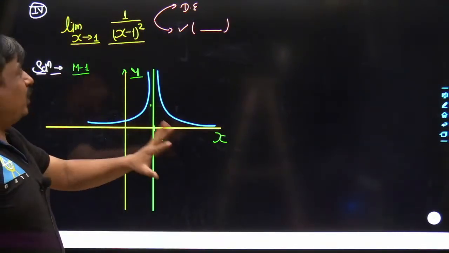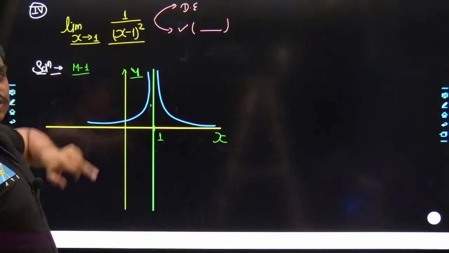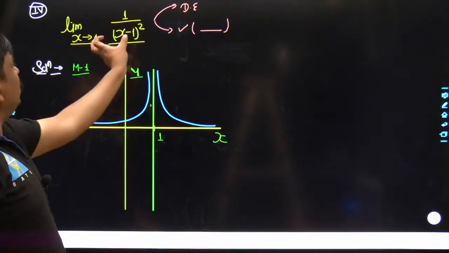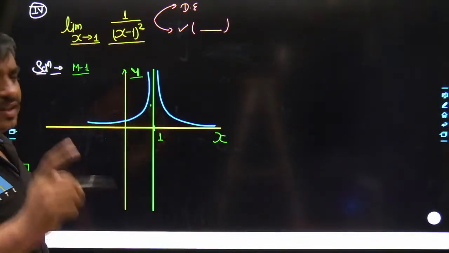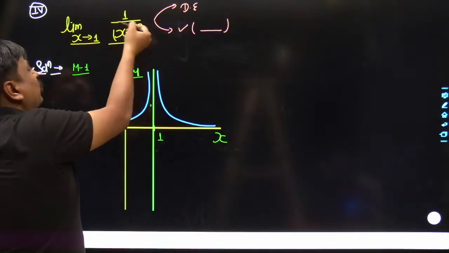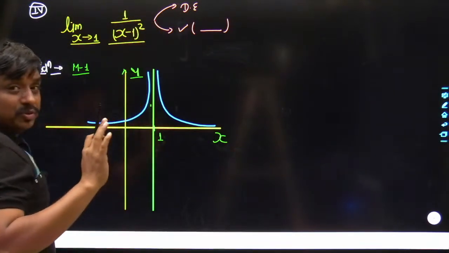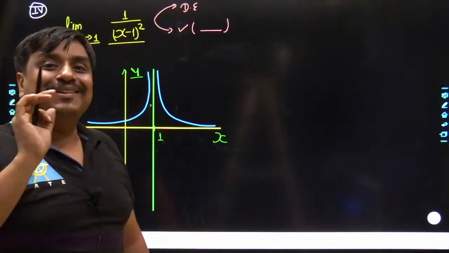Because one thing I am quite sure about: as the square has been attached along with the (x minus 1) to the power of 2, the value of the denominator will never be negative. That's the first thing. And as the denominator (x minus 1) to the power of 2 cannot be negative, and the numerator is a positive value, their ratio would always be a positive value, whether it's a finite value or an infinite value.